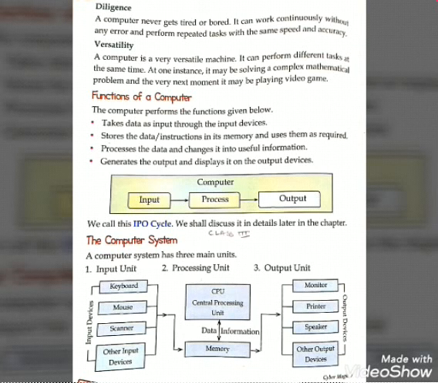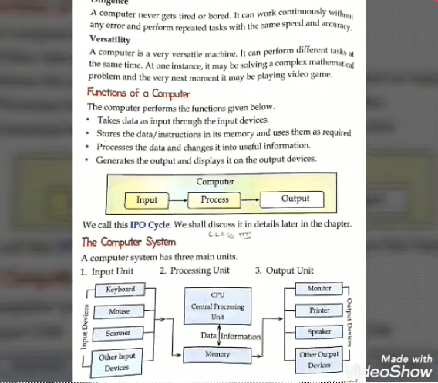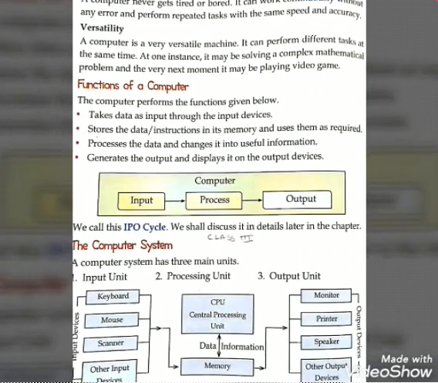Now, third thing, in this video we are going to discuss the functions of a computer. The computer performs the functions given below. Here you can see, I am going to zoom it a little bit. First, takes data as input, which means the computer takes data as input through the input devices.